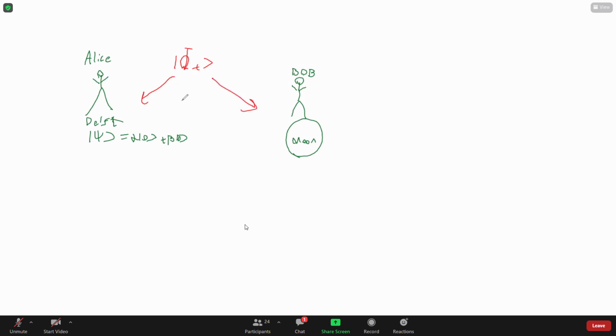So essentially what you can think of is that before Bob traveled to the moon, Alice and Bob made an entangled state, and Bob kept his part of the state in the pocket. So now they have this entangled state.